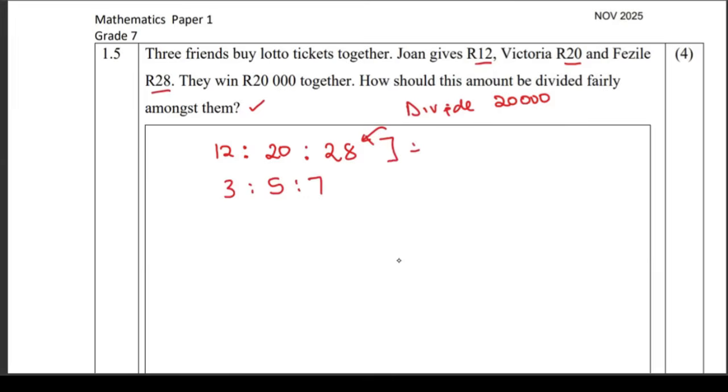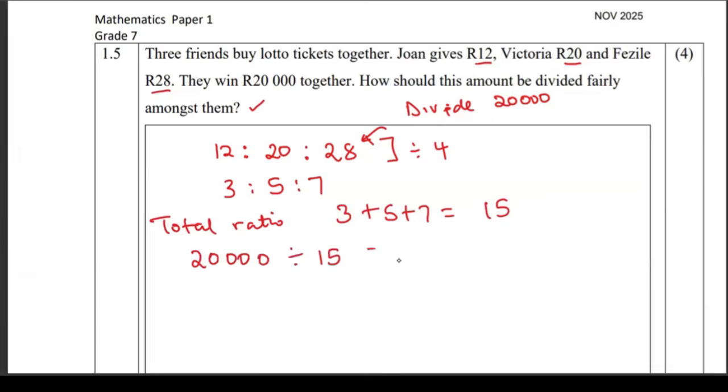Then I'll get the total ratio, which is 3 plus 5 plus 7, which gives us 15.